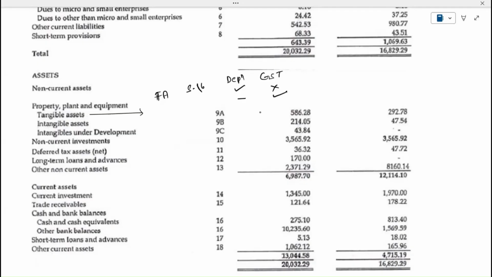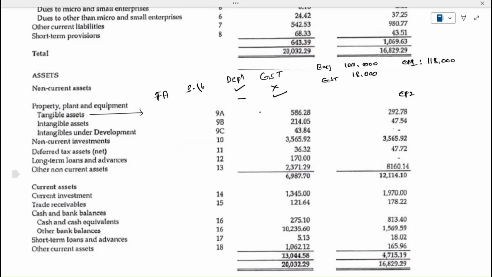To give an example, I buy an asset for 1 lakh. My GST, what I have paid is 18,000. I have option one. I'll claim depreciation on 1,18,000.